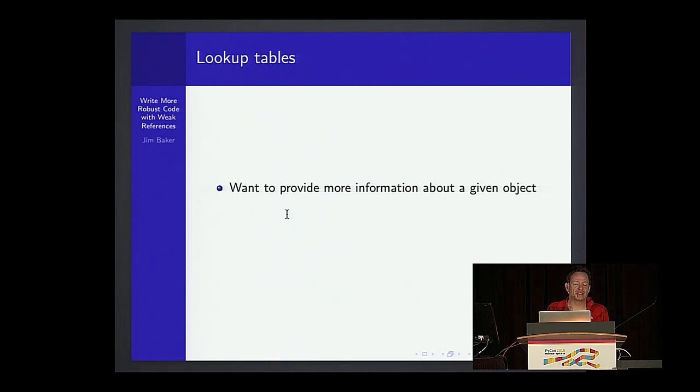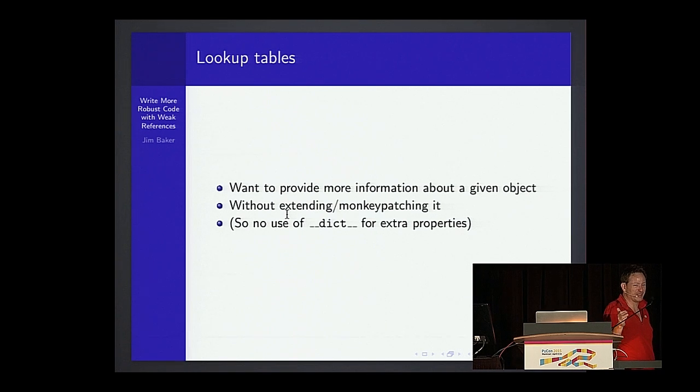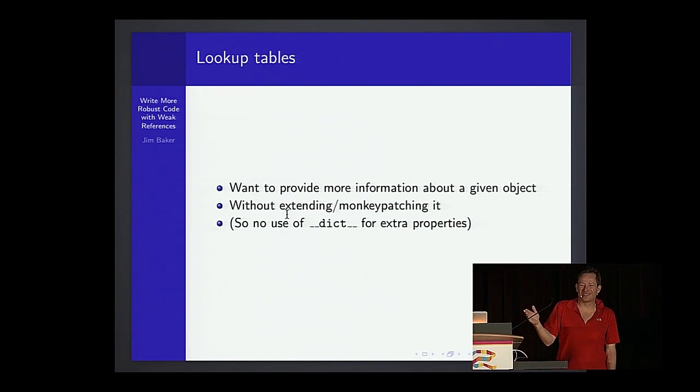We're going to be doing things like a lookup table, where we want to provide more information about some object. We don't want to extend or monkey patch it. So for those of you who like doing this, and I understand why, you're like, hey, there's this fantastic little dunder dict around for this object, and I'll just put something in there, and there won't be any collision.